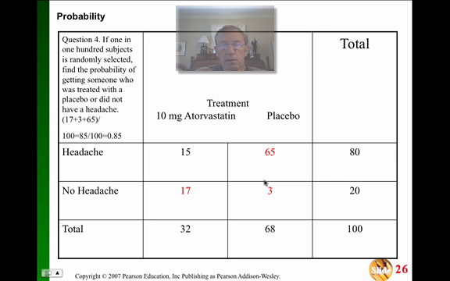We don't want to double count the 3. We counted the placebo and then the additional people who did not have a headache, 17. So 17 and 3 is 20, plus 65 is 85 over 100, an 85% chance of getting someone who either took the placebo or had no headache.